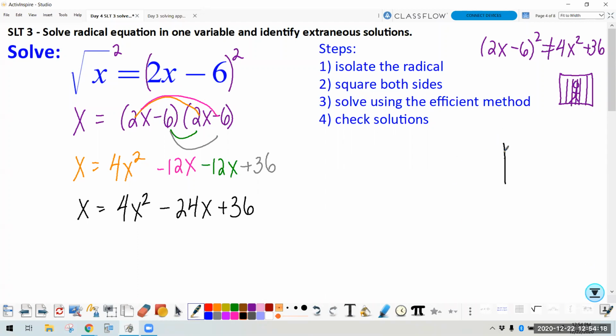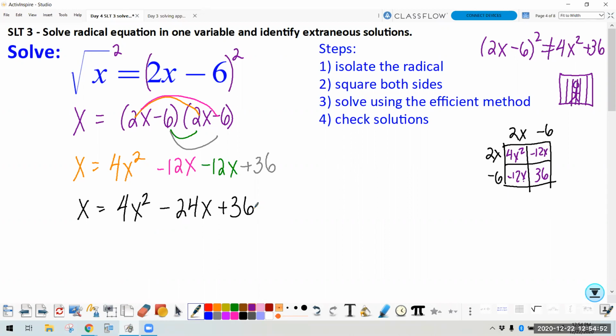Some students box method multiply, and you can do that. You take your binomials and then do length times width on all the little squares. So 2x times 2x, 2x times negative 6, so if you fill in, it's the reverse of box method factoring because it's the multiplying, then here's your result, and you can combine these like terms to the negative 24. So it's a personal preference on your method.